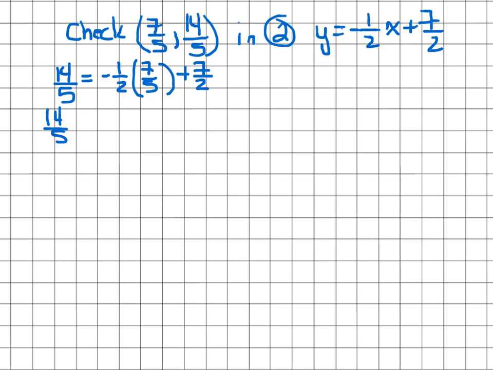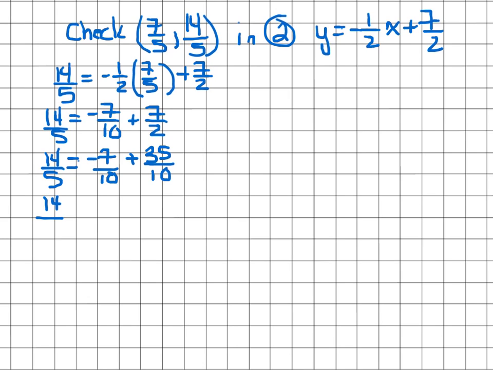So 14 over 5 equals negative 7 over 10 plus 7 over 2. And I need common denominators, which is 10: 14 over 5 equals minus 7 over 10 plus 35 over 10.